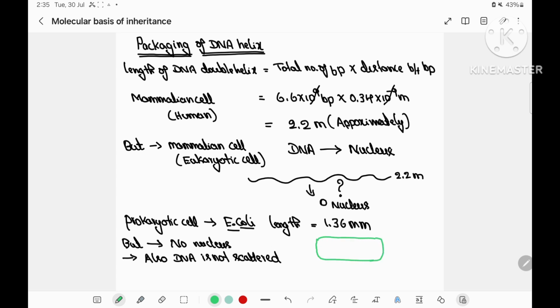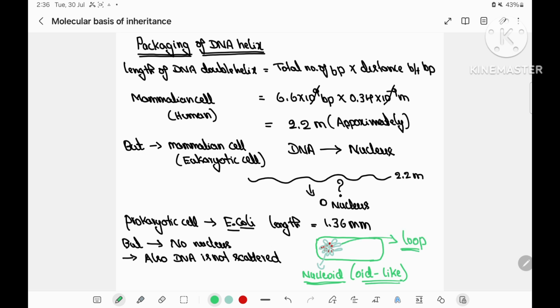If we take this as a typical prokaryotic cell, the DNA is held together at some places by proteins, and this results in the formation of a structure called the nucleoid. In the term nucleoid, oid means like, that is, the nucleus-like structure present in a prokaryotic cell is called the nucleoid.